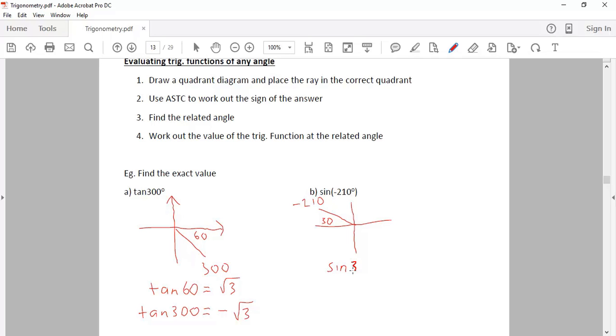The exact value of sine 30, you might remember, is a half. And all stations to central, so S, sine's positive in there. So sine negative 210 is just going to be positive a half, so it stays the same in this case.